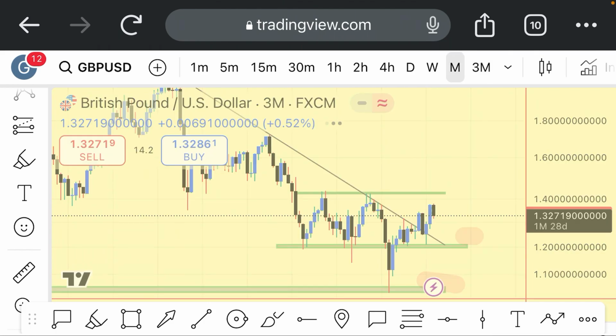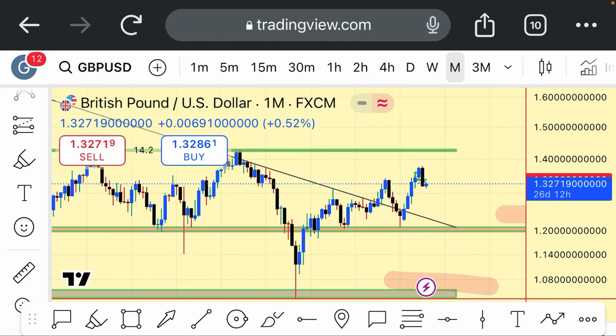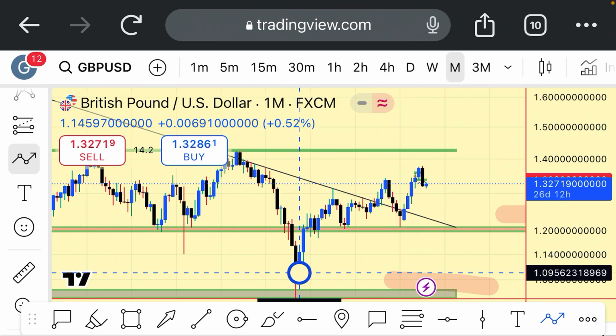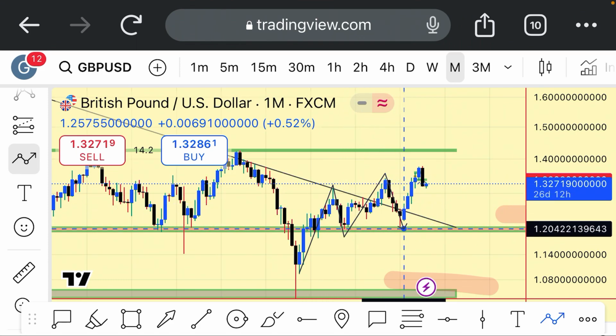So coming down to my monthly time frame, look at what I see. If I show you the structure, from this point here you can see a higher high, a higher low, higher high, higher low, higher high.